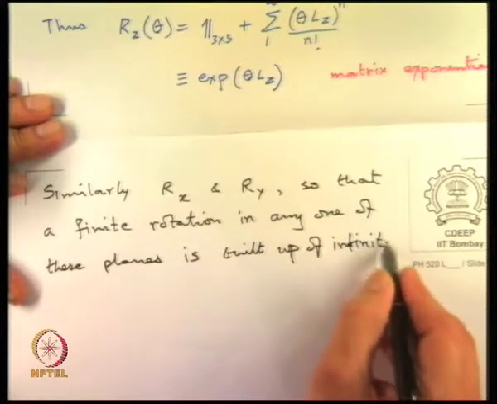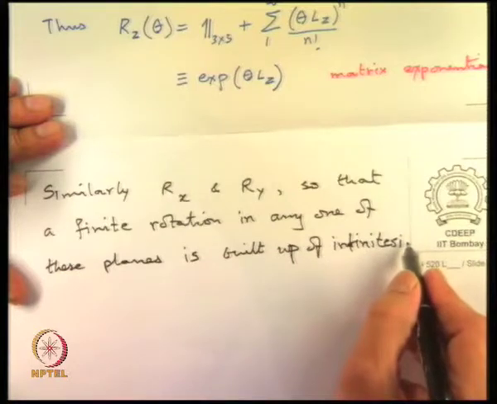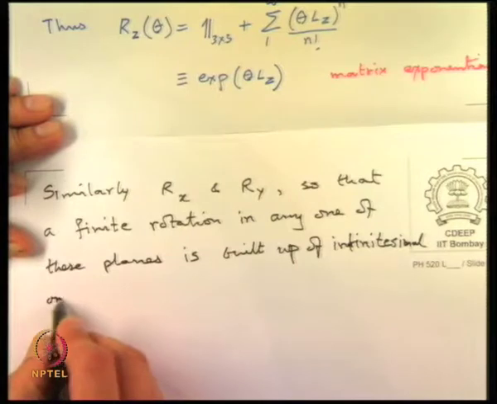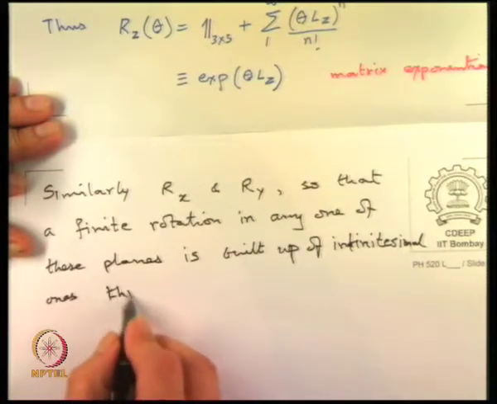Of course, any finite one is made up out of the infinitesimal versions, through a very simple formula.